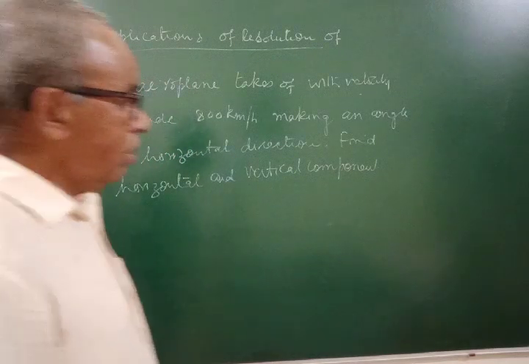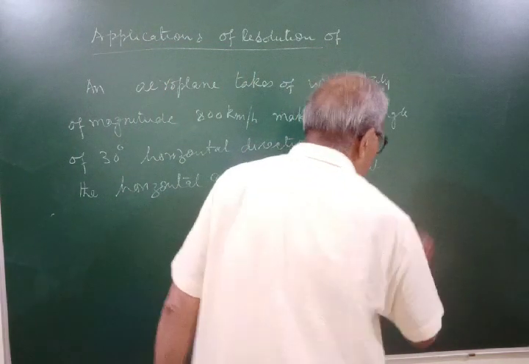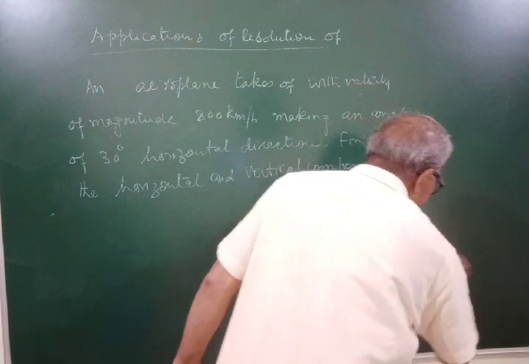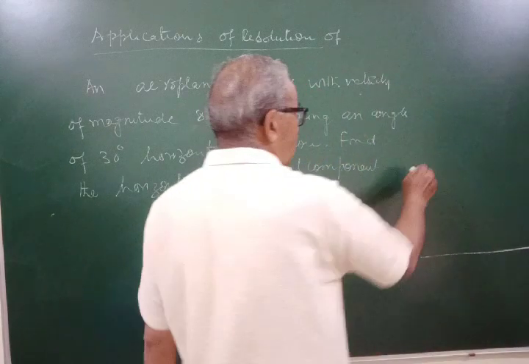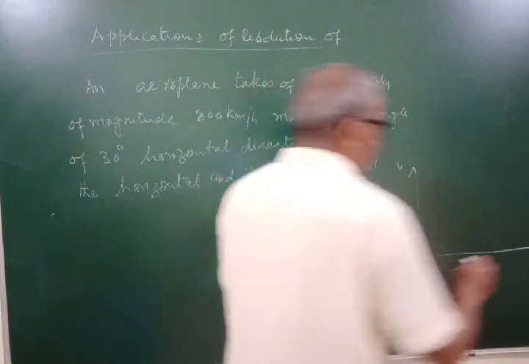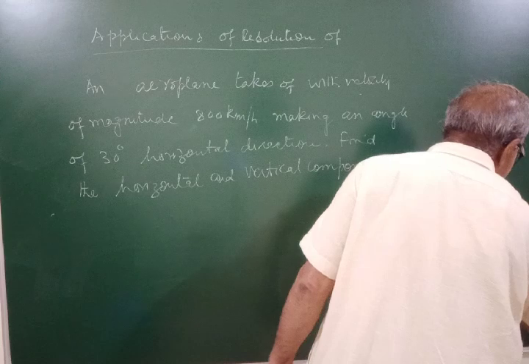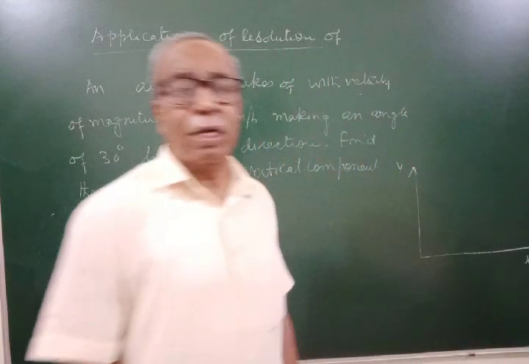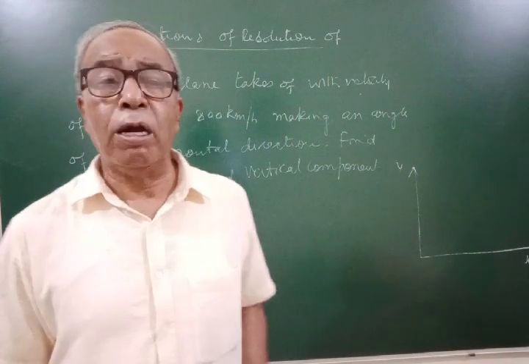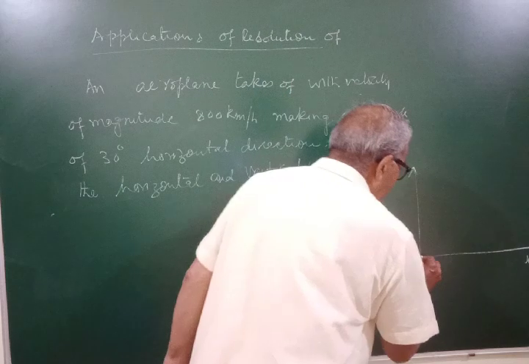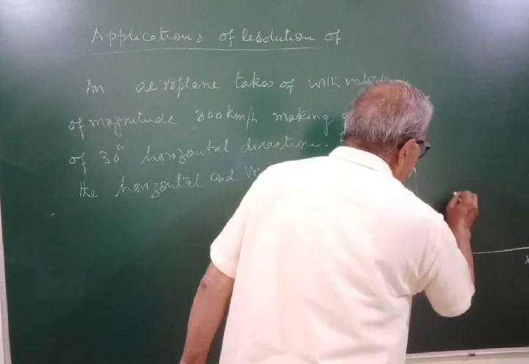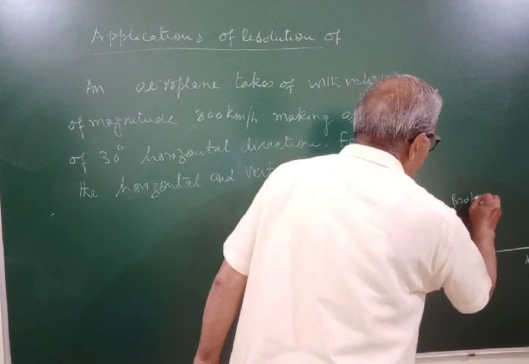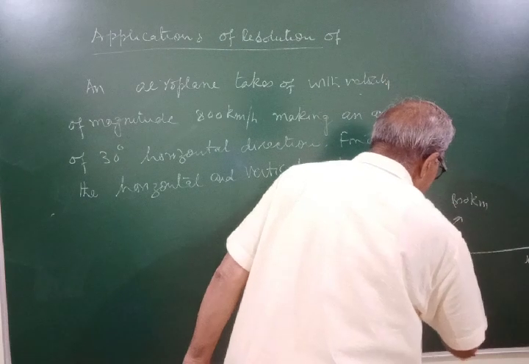So very simple. The aeroplane takes off. This is the horizontal ground, and you can take the x axis as the horizontal direction and the y axis as the vertical direction. Horizontal means the direction parallel to the surface. The aeroplane takes off at 800 km per hour, making an angle of 30 degrees.